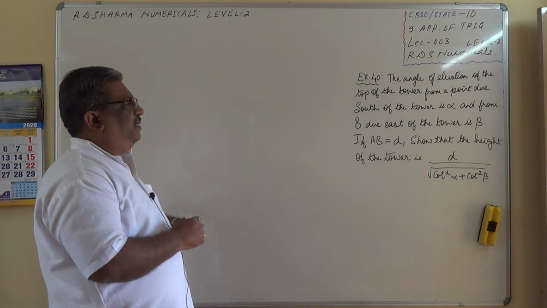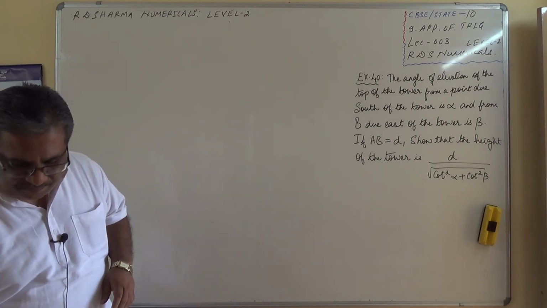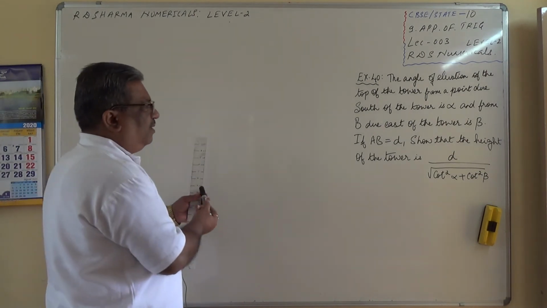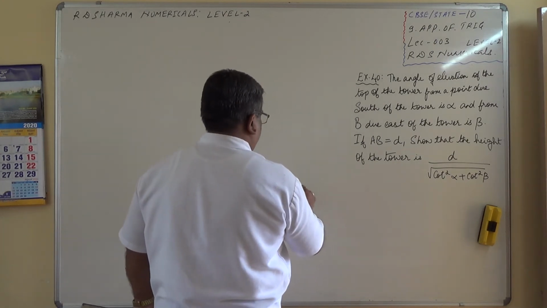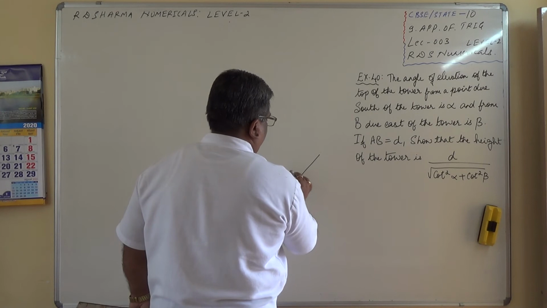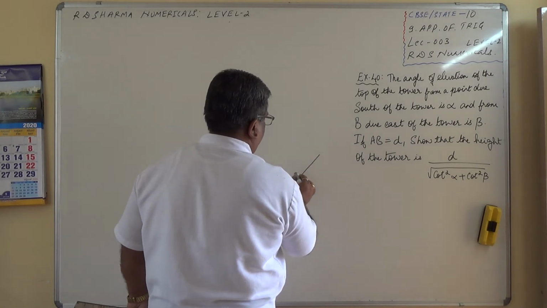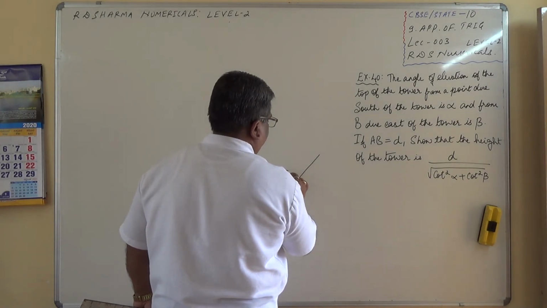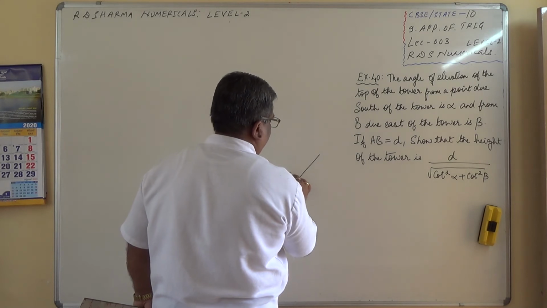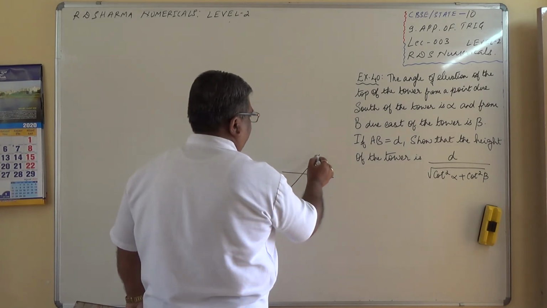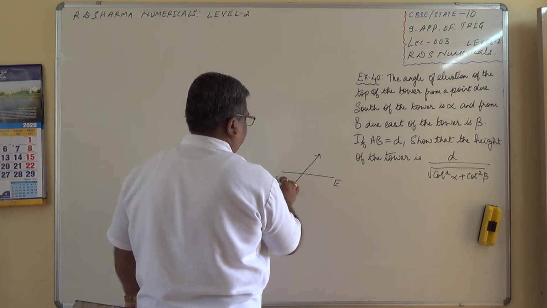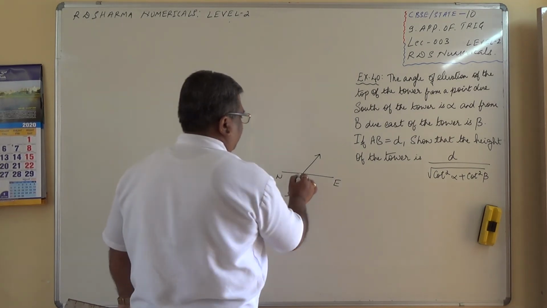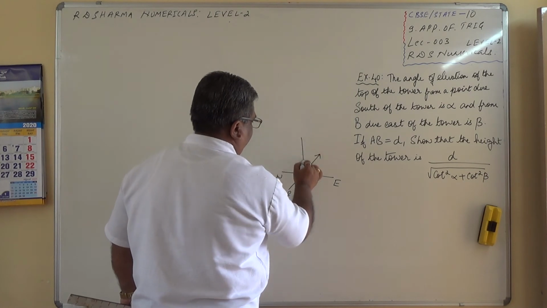So let me explain to you something like this. Here, a rough diagram I will draw and then I will convert it to the final diagram. Something like this: north here, south here, east and west, and on this top there is a tower.